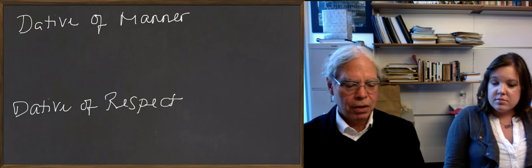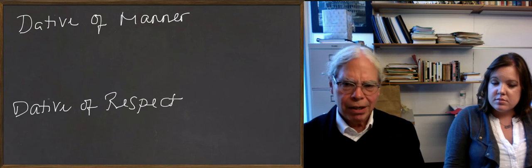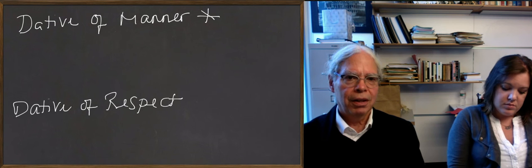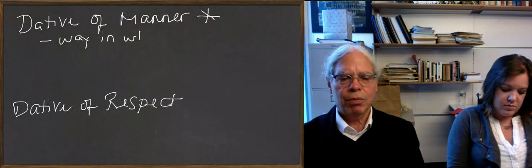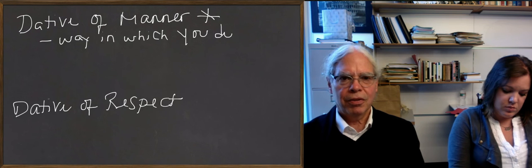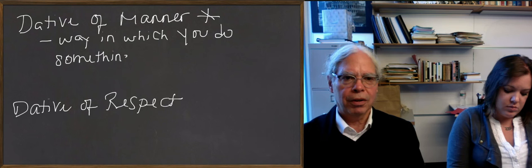When you say, in this way, I wrote a book, what the book calls that is the dative of manner, but it gives you the way in which you do something. Well, it's really just the instrumental dative. Is there a big difference between the way in which you do something and the tool with which you do something? It's just an extension of an association with it.